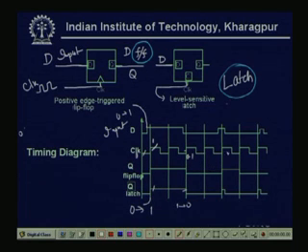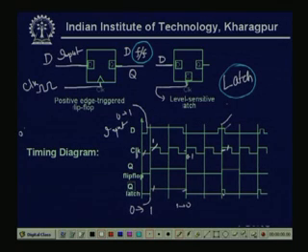Now, if we see the next data input, when the data input changes from 1 to 0, now at this position, see, data is 1, but the latch, as it is level sensitive, changes when the clock becomes 1.